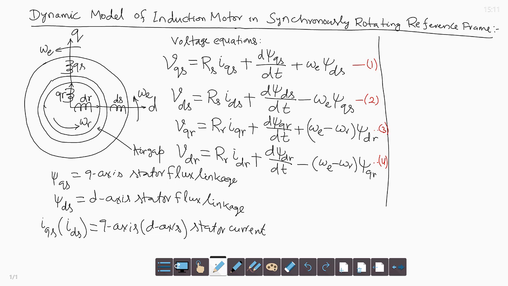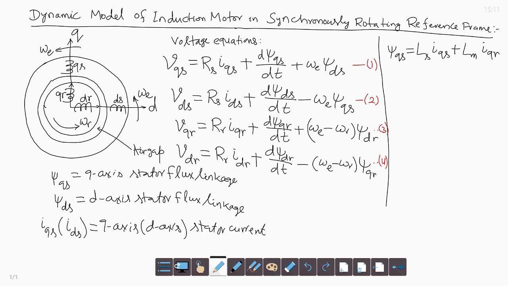Then the flux linkage equations: psi qs is the self flux, Ls Iqs, plus the mutual flux from the rotor current.